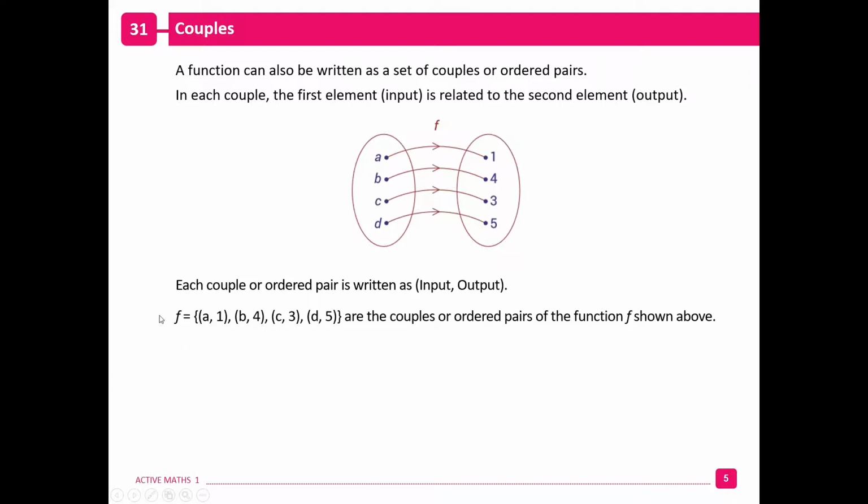So we have here the name of our function, and we know that that is equal to the set of our curly brackets. And then we have all of our couples or ordered pairs together inside that curly bracket and separated with a comma. So we can see that the input A has the output 1, the input B has the output 4, input C has the output 3, and D maps to 5.